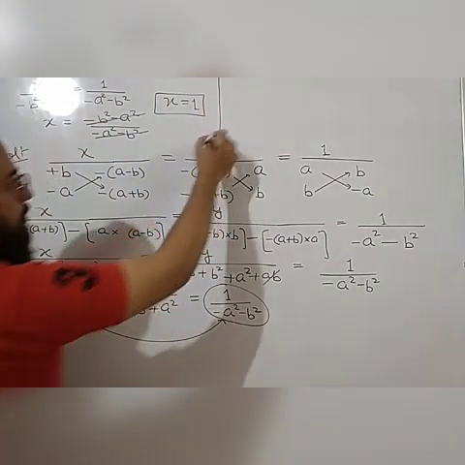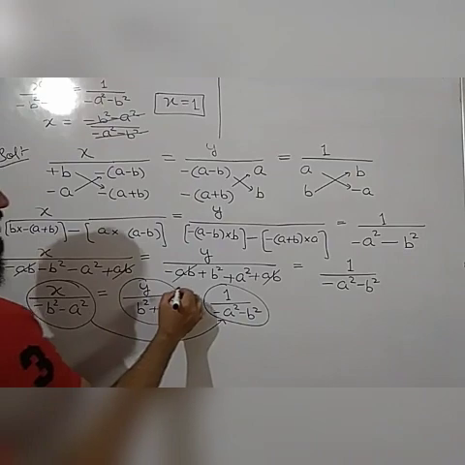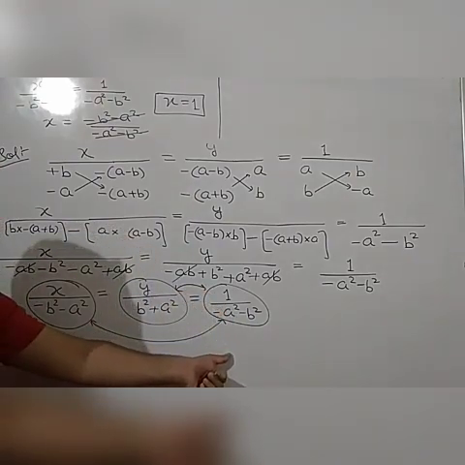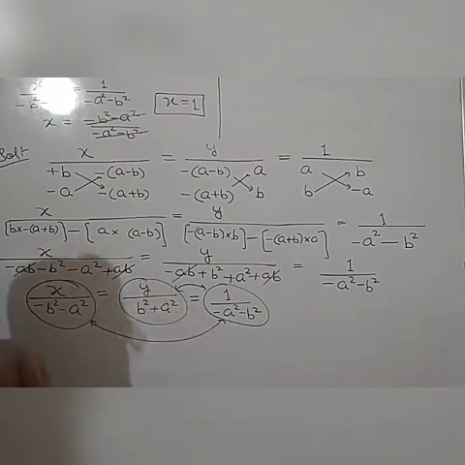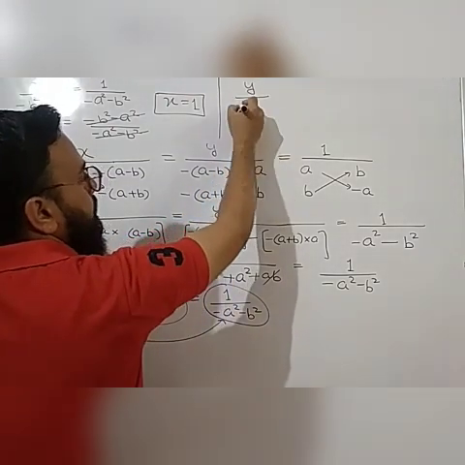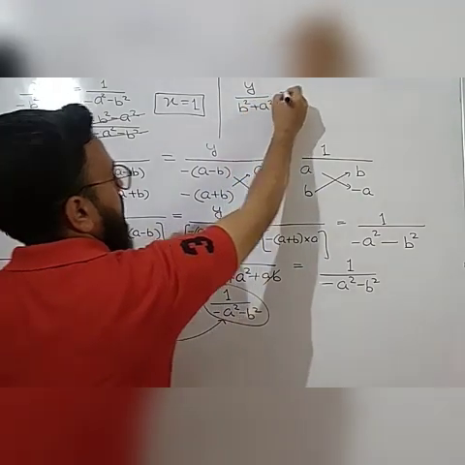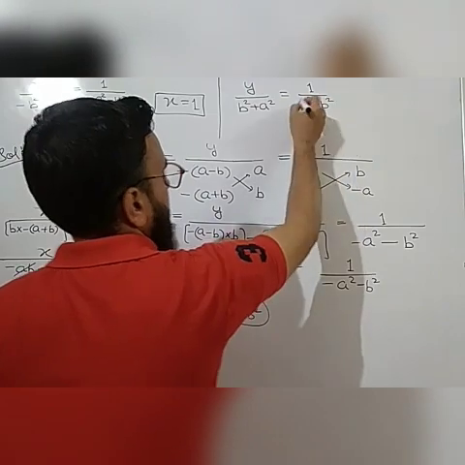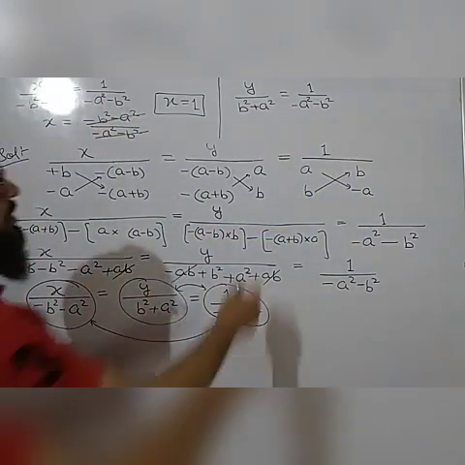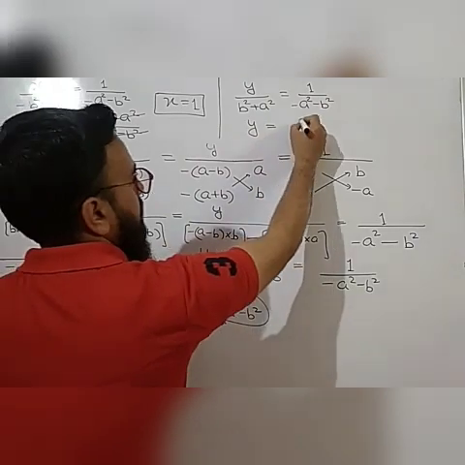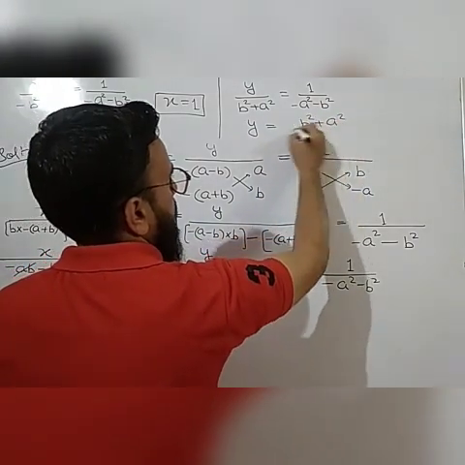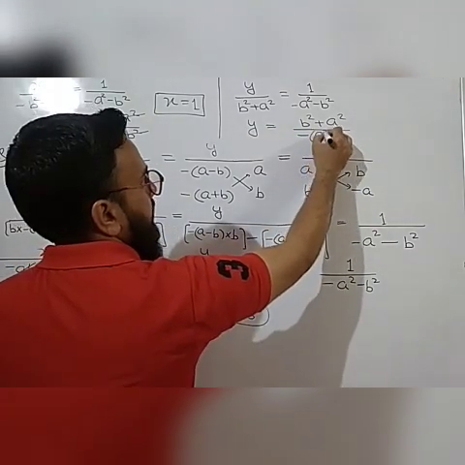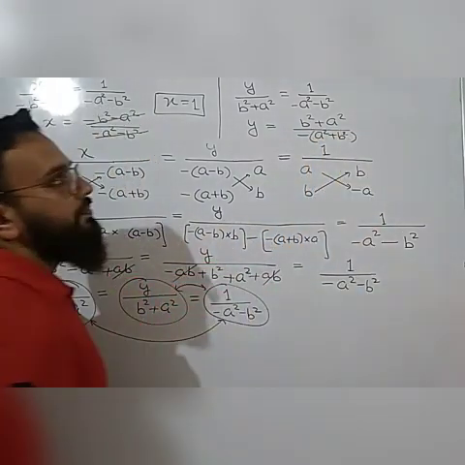Similarly, putting this y term equal to this constant term. First we will put the x term equal to constant, and then y term equal to constant. So y upon b square plus a square is equal to 1 upon minus a square minus b square. So we will get y is equal to b square plus a square upon, if we take minus sign common, then it will be a square plus b square.